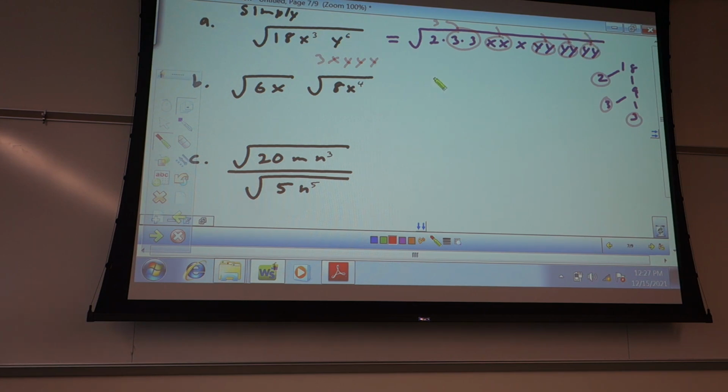So then, what do I have left inside? A 2 and an x. So I'm going to rewrite this nicely as 3x y to the third, because there's 3 of them, times square root of 2x. That's my first one.